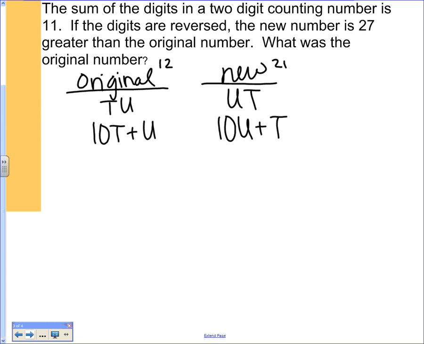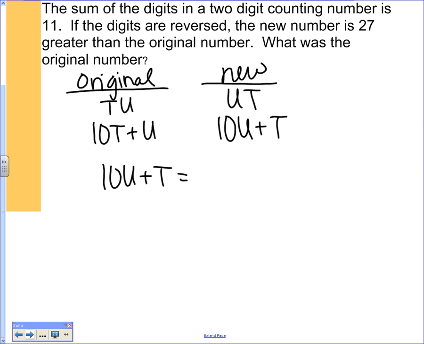And now we are going to make an equation with them. So the new number, what is our new number? It's 10u plus t. We just talked about this is the units digit from the original, but now it's in the tens place, and the t is in the units place.